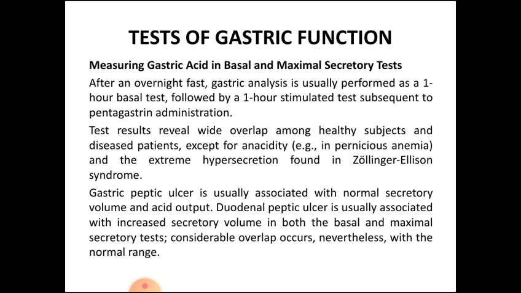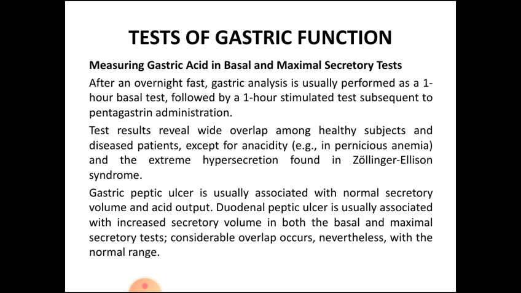The stimulated test is done subsequently to benzodiazepine administration. Test results revealed wide overlap among healthy subjects and disease patients, except for anacidity in pernicious anemia and extreme hypersecretion found in Zollinger-Ellison syndrome.